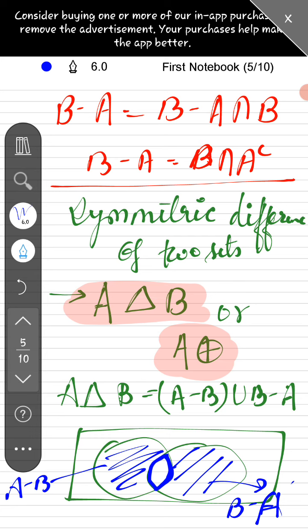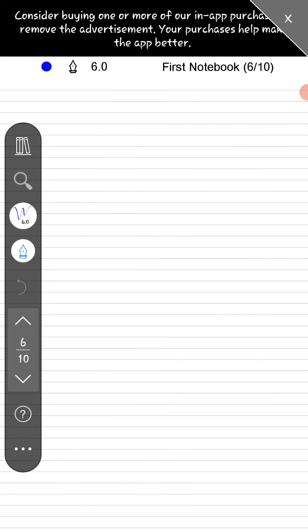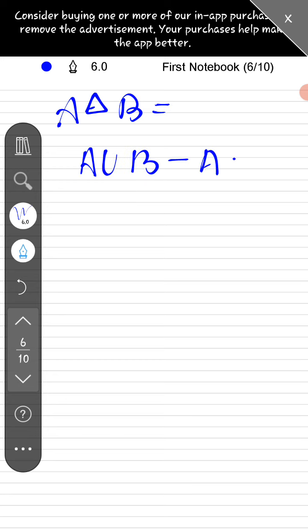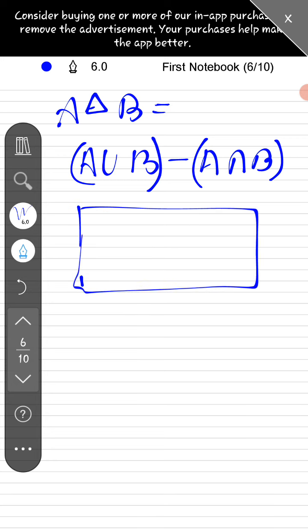So we can also write this one more time like this: A delta B is equal to A union B minus A intersection B, right? This can also be proved. How? Let's see, guys.